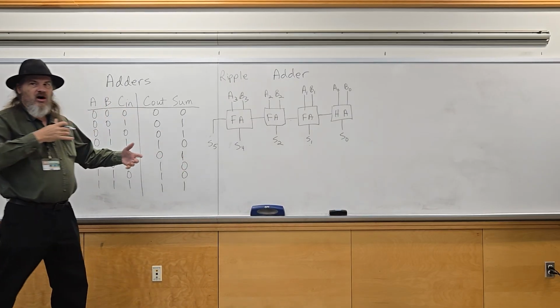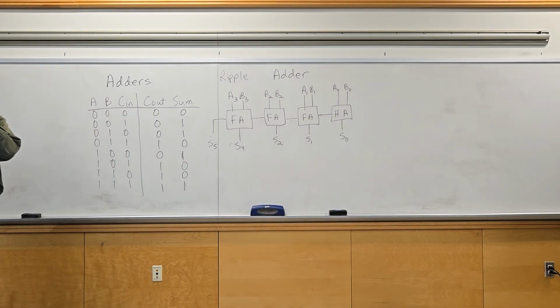So it ripples along as the first bits are calculated, the next bits are able to be calculated, and it ripples down the line until you have a completely valid output. But that is a 4-bit adder.